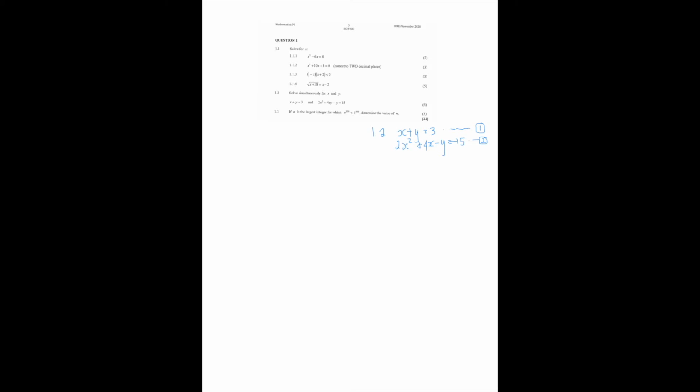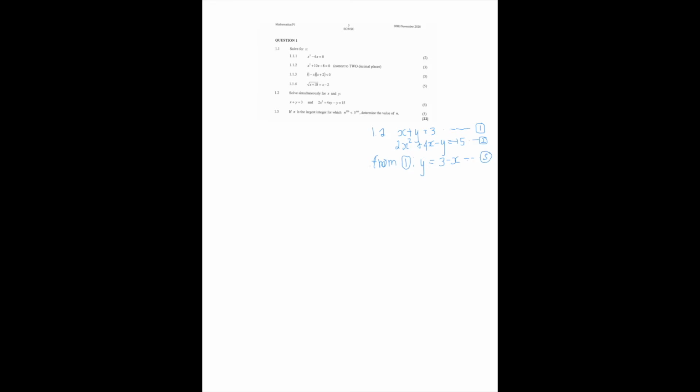So from equation 1, we can rearrange the equation and say that y equals 3 minus x, and call that equation 3.